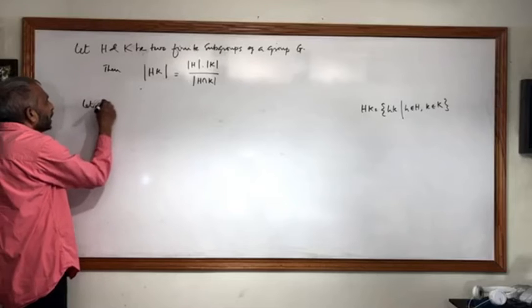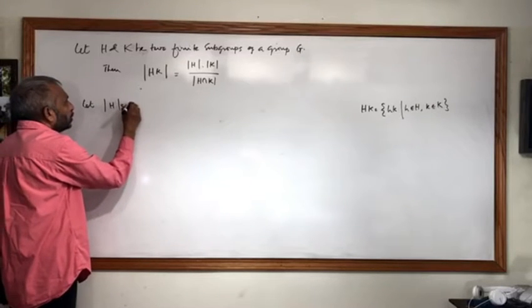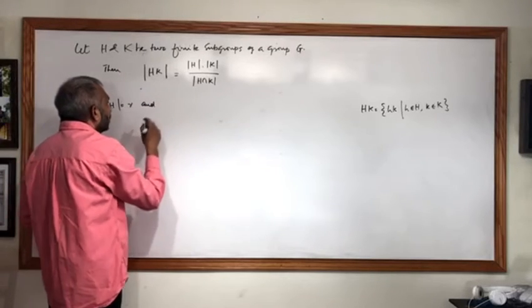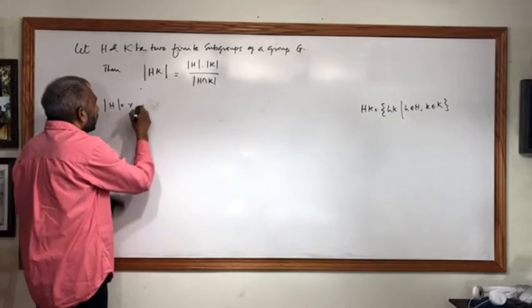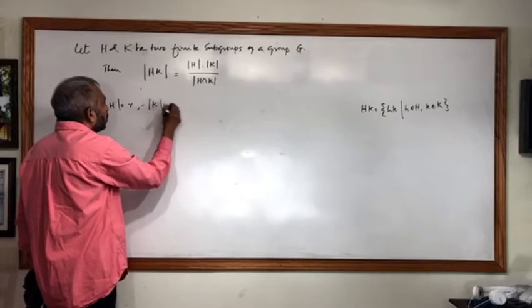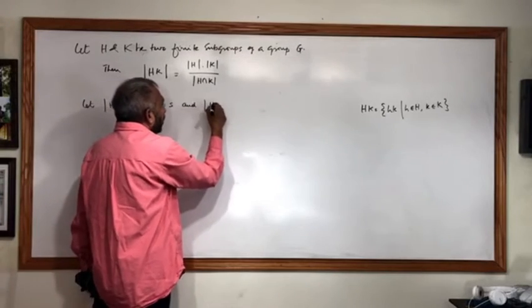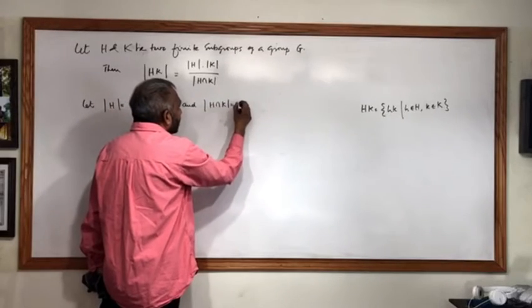So let the order of H be r, the order of K be s, and the order of H intersection K be t.